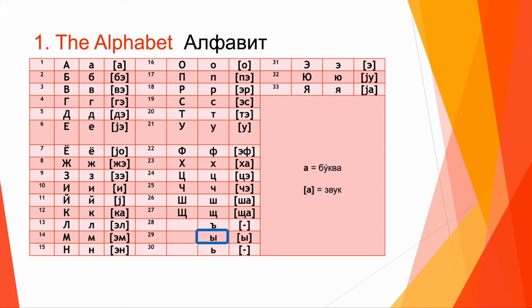Y, Y. You don't have a capital letter because there are no words in Russian that would start with this letter, okay? The next one also doesn't have a sound, it's a soft sign which we also use for some grammatical things.